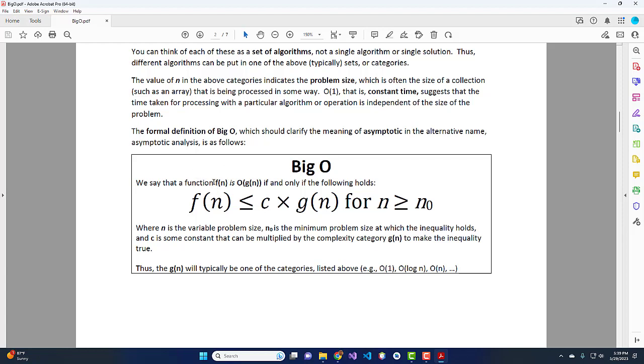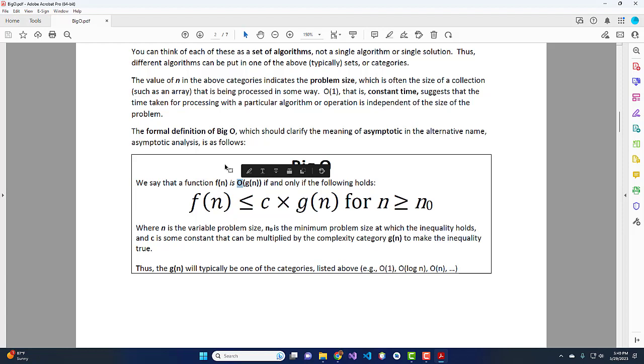So we say that a function f of n is big O of g of n. Sometimes in a book you might see the equal sign, or a similar-to sign, just to show that f of n is in this set. I don't like the equal sign because it implies that these are two equal functions, and that's not really what it is.